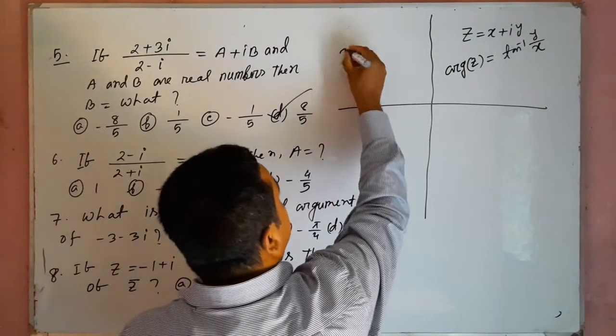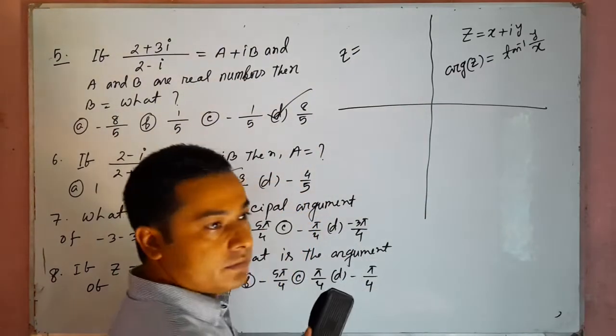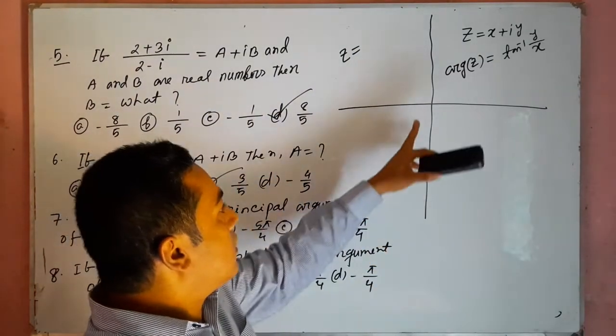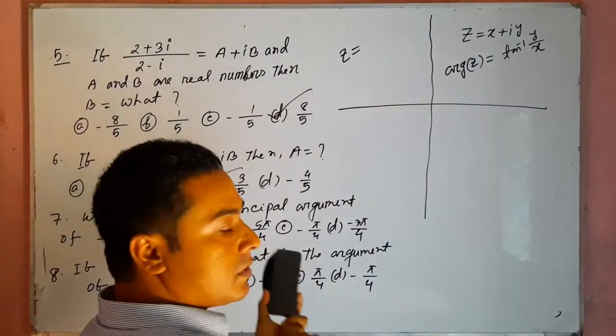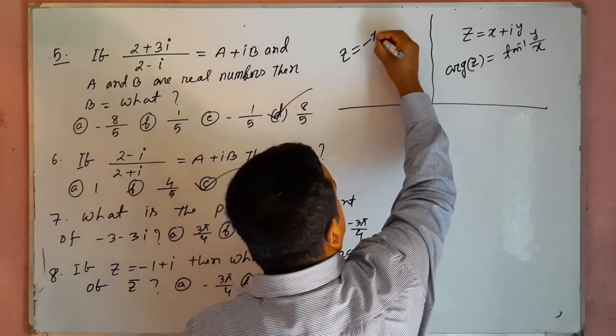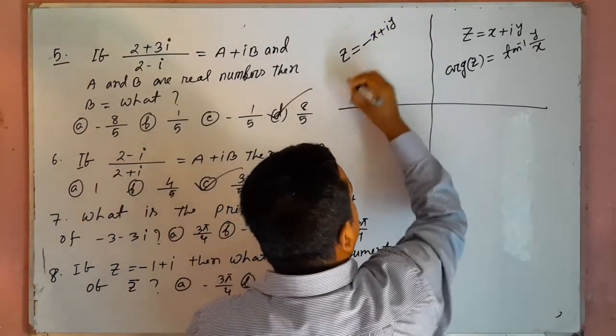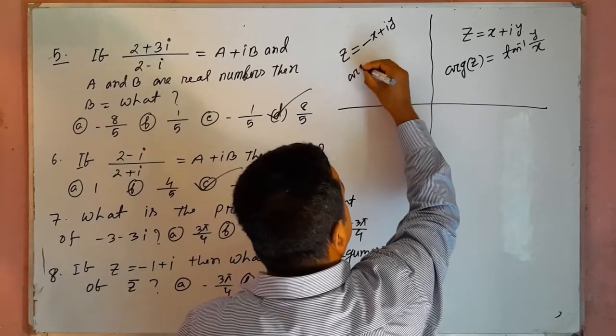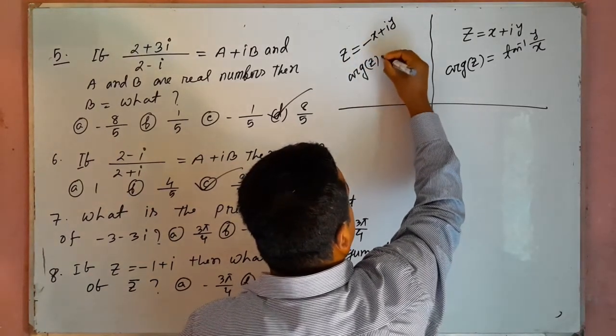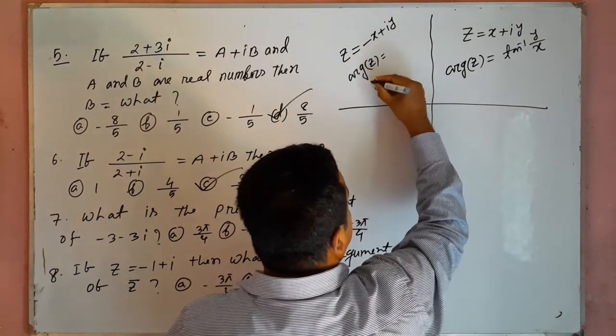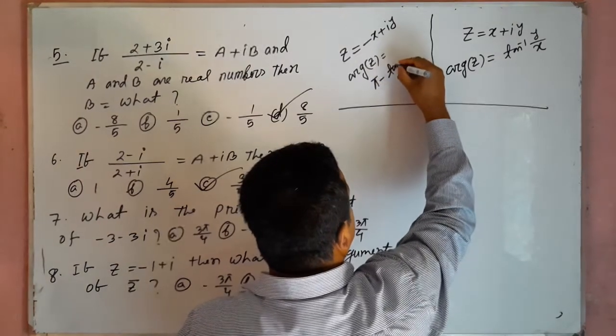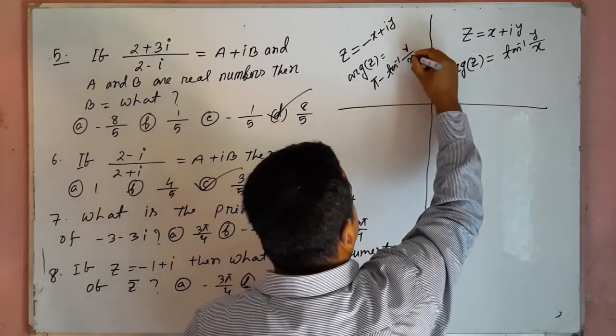If the complex number lies in the second quadrant, the value of x will be negative, so minus x. So argument z is equal to pi minus tan inverse y by x.